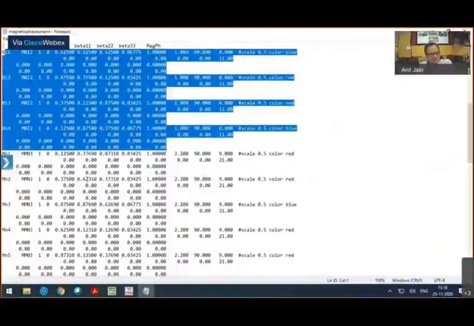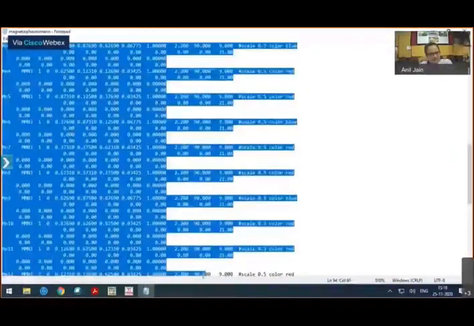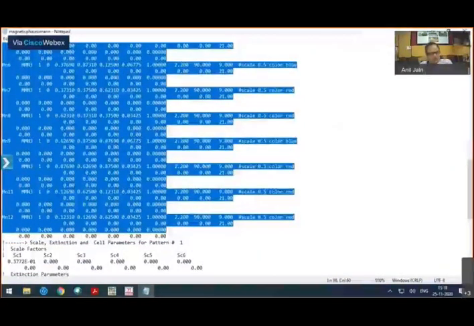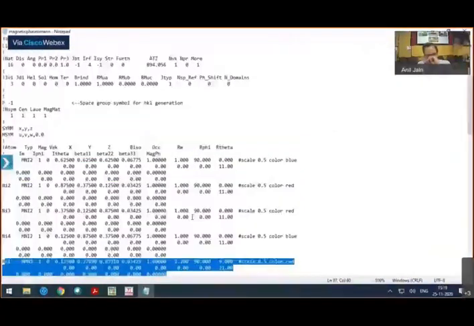So I have put these 12 manganese atoms. Now, you might have questioned how you get the positions of these X, Y, Z, because in the nuclear phase, you have only given the coordinate of one atom.